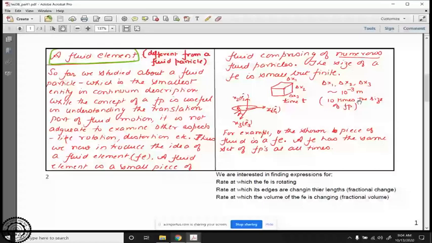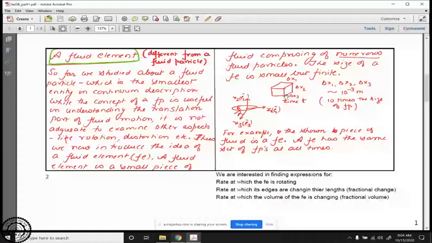They don't have to be identical, but they should be of the order of 1 mm, 2 mm, like that. Now, a fluid element has the same set of fluid particles at all times. That is part of the definition. So at time t, you identify all the fluid particles associated with this fluid element, and at a later time, if I am tracking what happens to this fluid element, I will be focusing only on those fluid particles which were originally part of it.